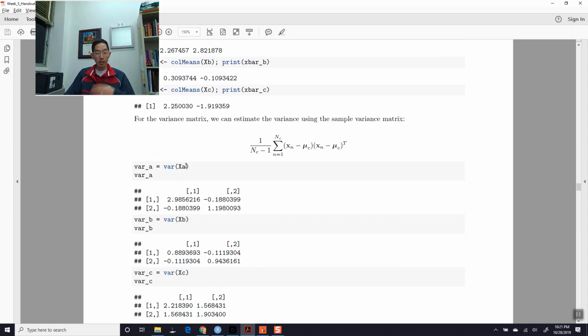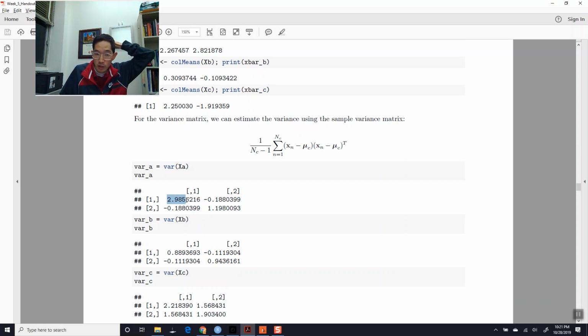Keep in mind there are 30 observations, so the matrix has 30 rows and 2 columns because we've got an X1 and an X2 column. If you give R a matrix with 2 columns, the variance function will produce a 2 by 2 variance covariance matrix.